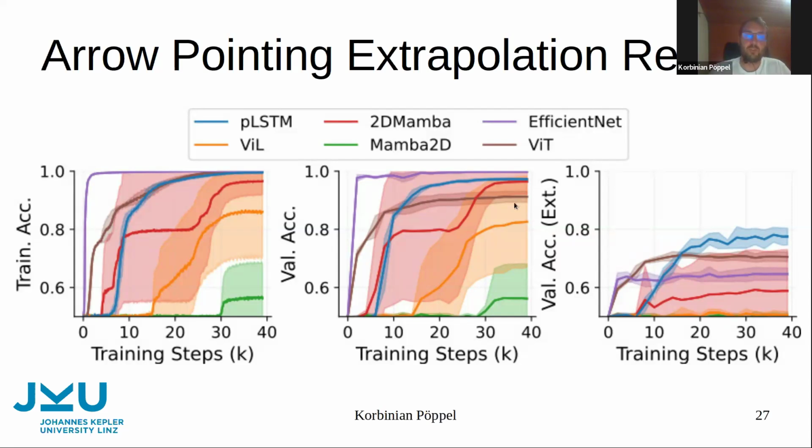But then when we go to larger images and try to extrapolate, we see that this structure of pLSTM, having these directional components with the P mode and also the D mode for global distribution, outperforms all these competitor models. And interestingly, also 2D Mamba and Mamba 2D cannot really solve this task very well in extrapolation.